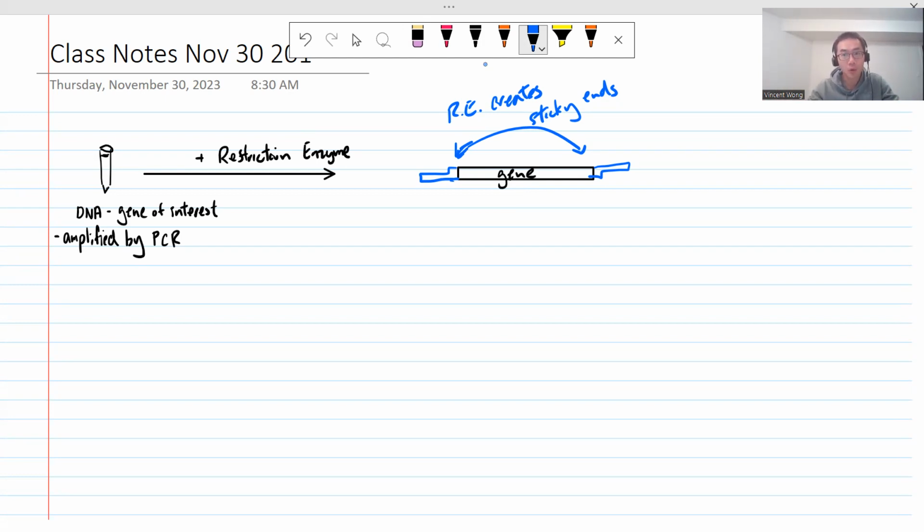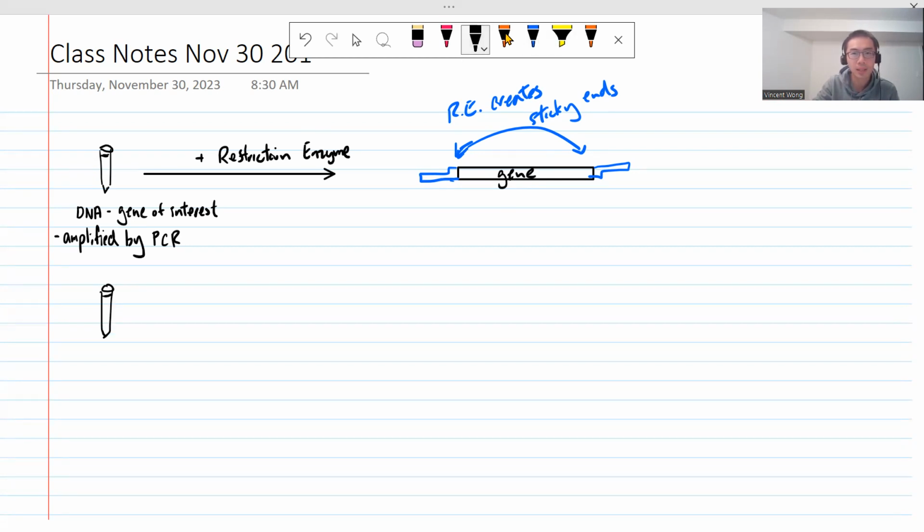So we have to make sure that the AAA-TTT only exists at the ends of the gene and not within the gene. Otherwise you destroy the gene and there's nothing we can use.